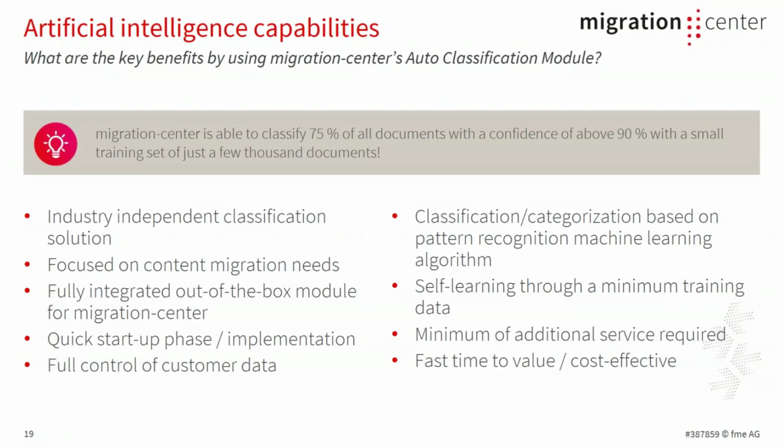It's fully integrated in our product, and it classifies and categorizes documents based on a pattern recognition machine learning algorithm. It's really self-learning, needs a minimum of training data, and it offers a really fast time to value and is cost efficient when used in the migration context.